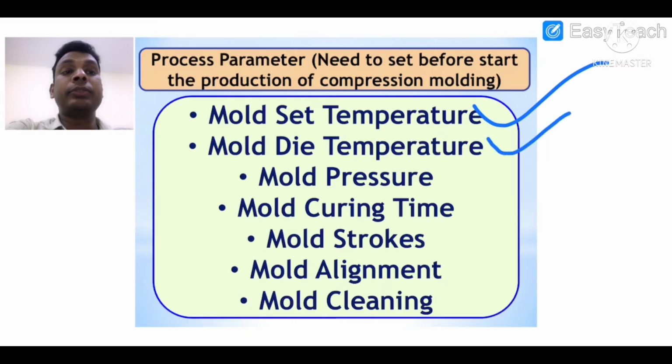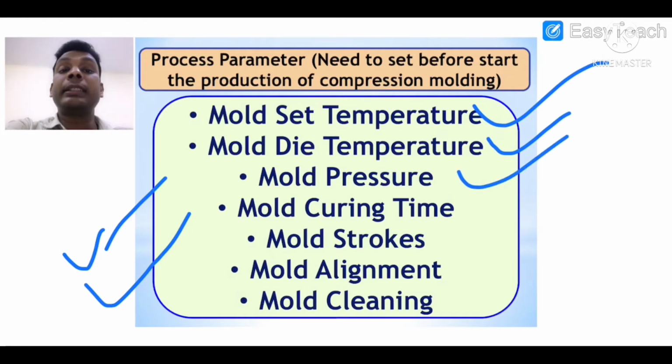After some time you should check the actual mold temperature using a thermometer, or you can say a temperature gauge. If we achieve the desired standard temperature, then we can start production.